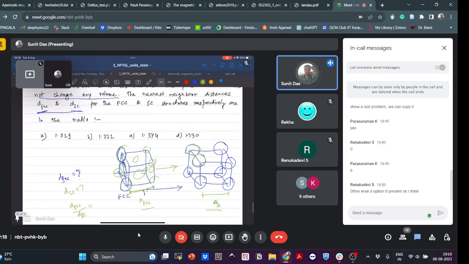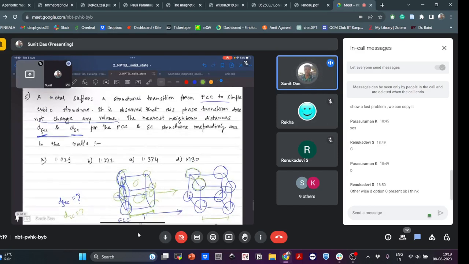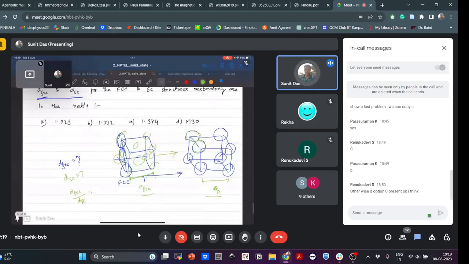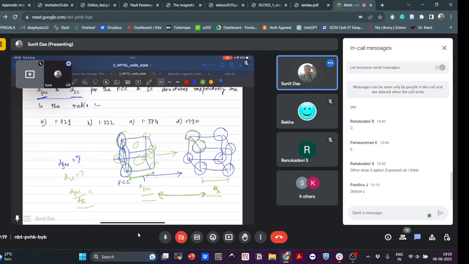Then you need to use the information that the volume doesn't change when it got converted from FCC to simple cubic, which will give you the relation between them. So you need to use that to find this one. This is the final aim.